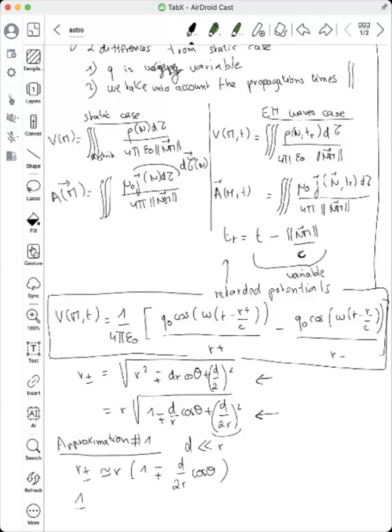And if I do it, you see that in the expression of the potential, what I need is not R plus-minus, it's 1 over R plus-minus, right? So I'm going to do a second development, and it's going to be 1 over R (1 plus-minus d over 2R cosine theta).